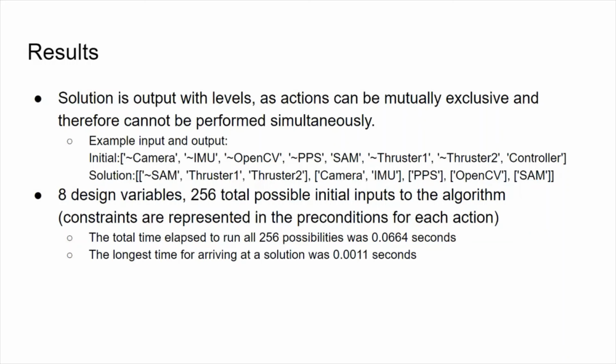So not only was it able to run one very quickly, but it was able to run all of them extremely quickly. The longest time that it took to find any one of those individual solutions was 1 millisecond. And so this is definitely fast enough to run online and could very easily be implemented on a robotic system and run without any concern for losing the vehicle or encountering other problems as a result of trying to solve this dilemma.